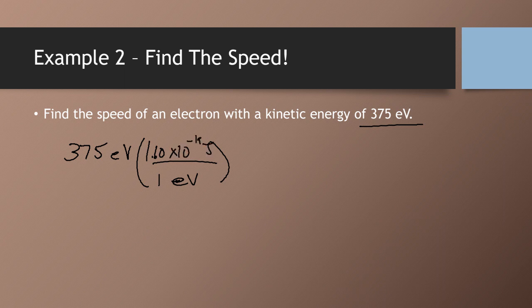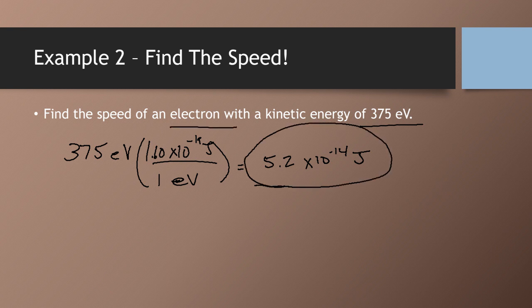When you multiply those two, you get 5.2 times 10 to the minus 14 joules. Now we have the energy in joules, and we know the mass of an electron from the previous problem. We just have to calculate the velocity.